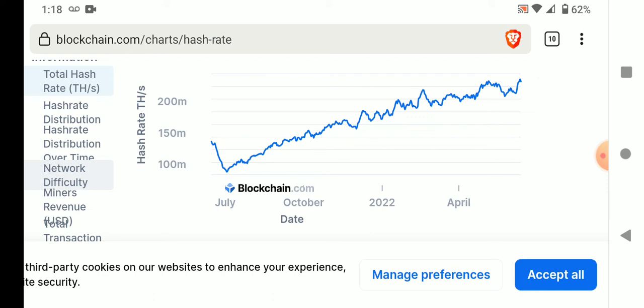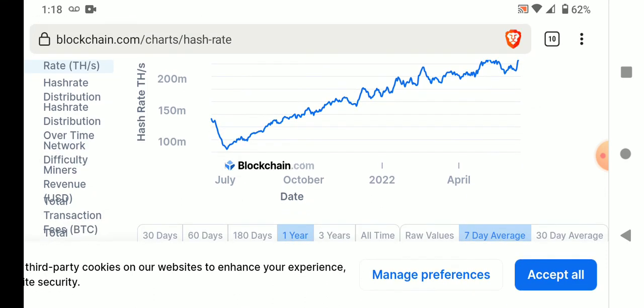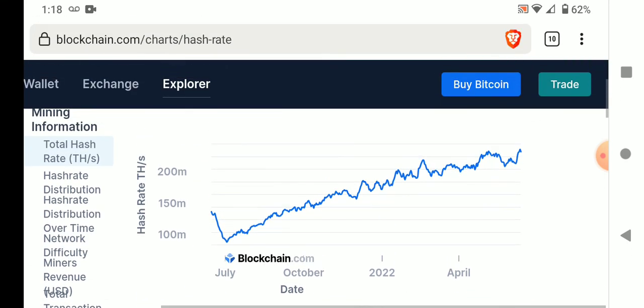So this is the signal. No matter what is happening, the human stupidity, the greed, the hash rate, the security is getting higher and higher. If Bitcoin's value was going down, why is the security going up? That's what you're going to ask yourself.